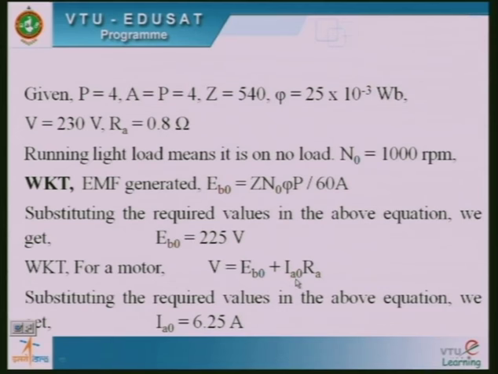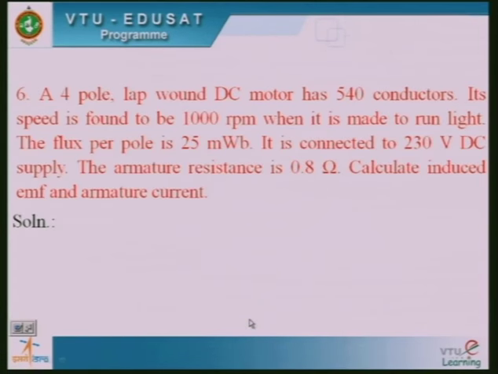IA0 is unknown, RA is given in the problem, it is 0.8 ohm, and the supply voltage is 230 volt. Substituting all these values, we get IA0 as 6.25 ampere. So, this is the answer for the previous problem, the 4 pole lap wound DC motor.